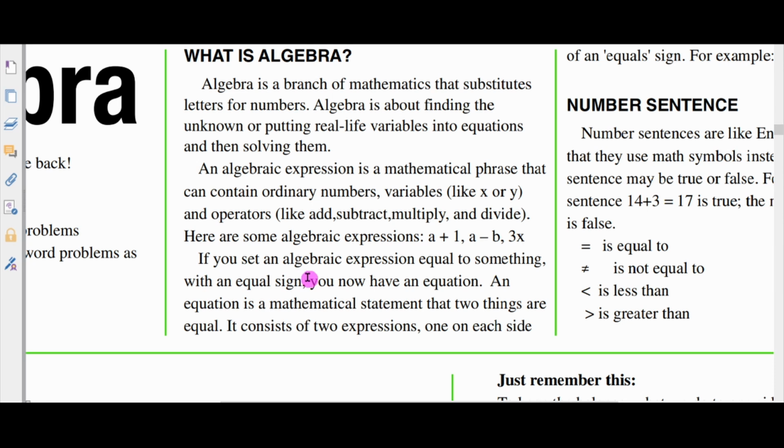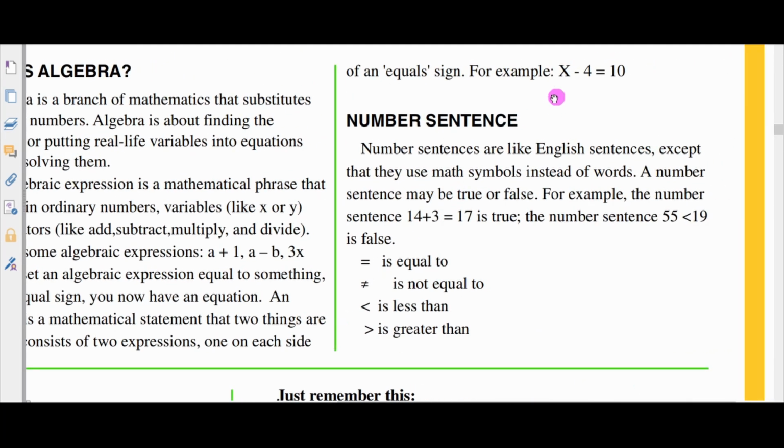If you set an algebraic expression equal to something with an equal sign, you now have an equation. An equation is a mathematical statement in which two things are equal. It consists of two expressions, one on each side of an equal sign.